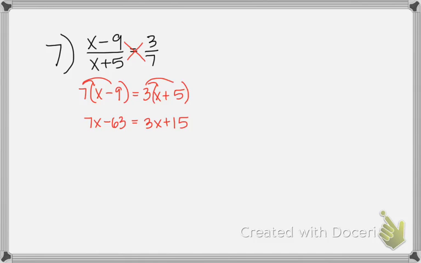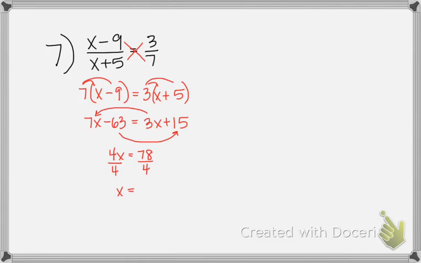I am going to subtract my 3x from the 7x to get 4x, and I'm also going to add my 63 to my 15 to get 78. So when you divide by 4, you just need to simplify the fraction. Does 78 divide evenly by 4?